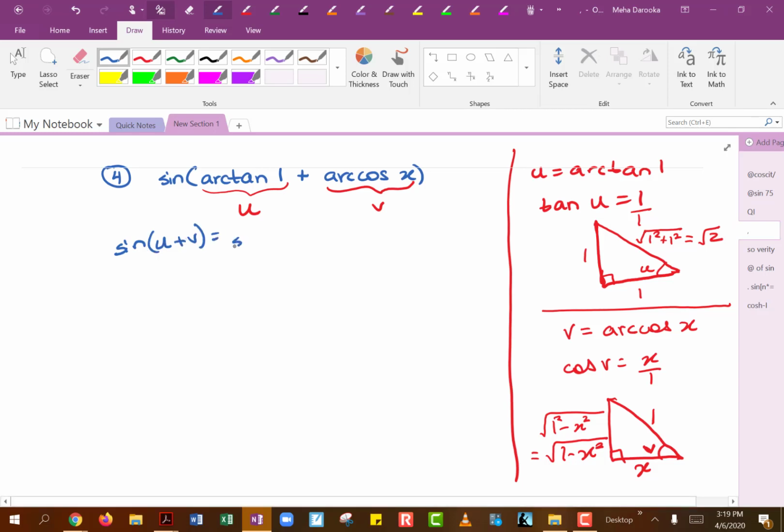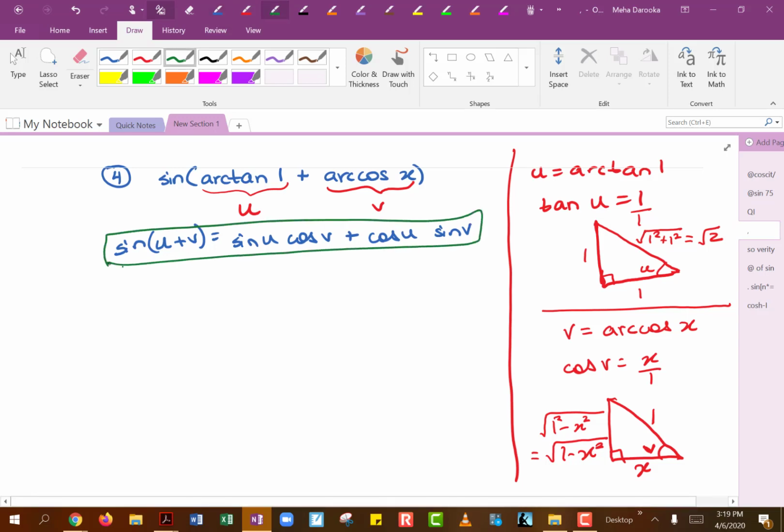So this will be sine of u cosine of v plus cosine of u sine of v, right? That's the formula. So let's see how that translates into this example here.